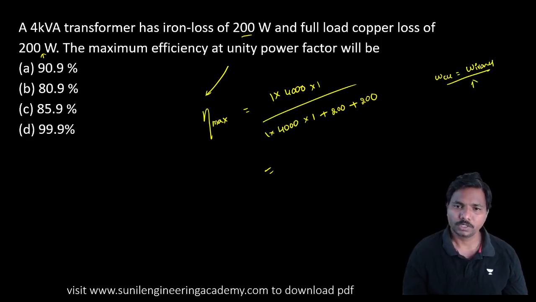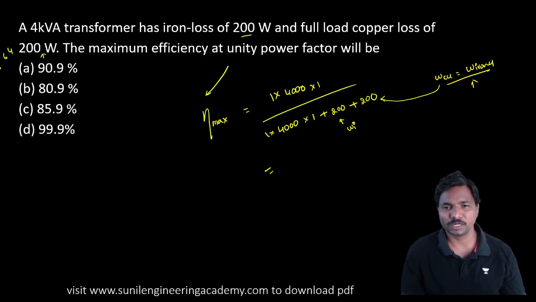For example, if they had given iron losses as 400, 600, 800, whatever it may be, to get the maximum efficiency, copper losses are also equal to iron losses. But here they have given the same value, so no need for confusion.